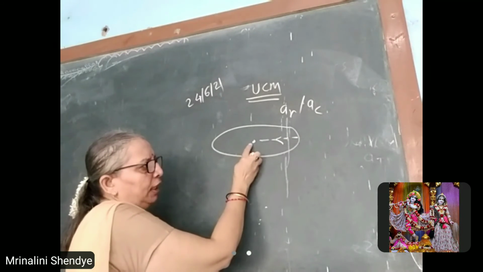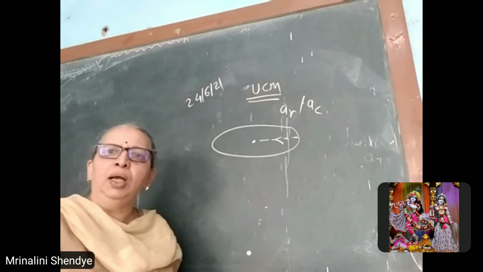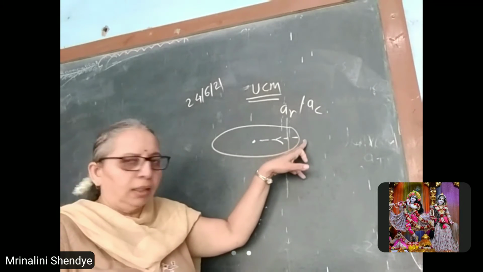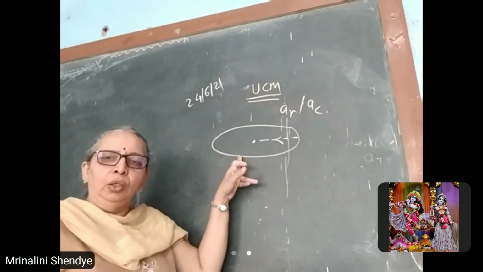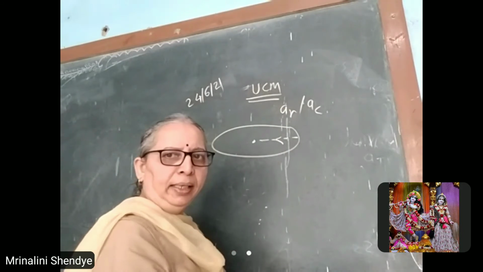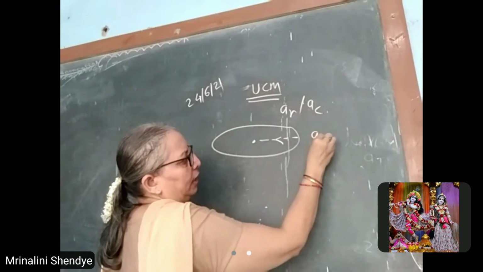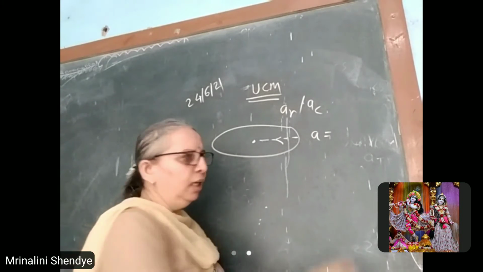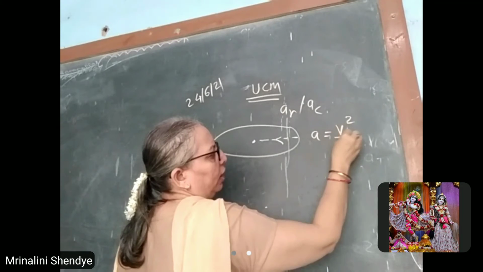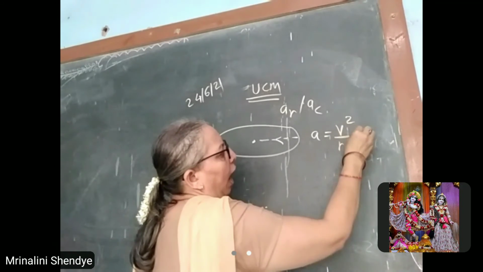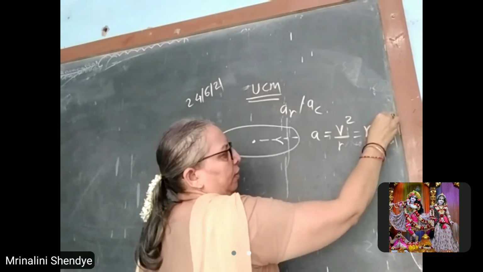Radius vector is from center to circumference, while acceleration is from circumference to center. How will you find its value? Linear acceleration is what we studied last year: v square upon r in magnitude, or r omega square.